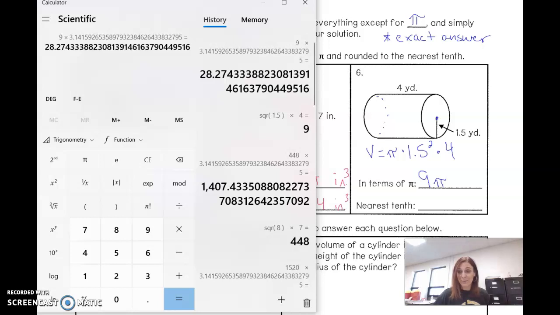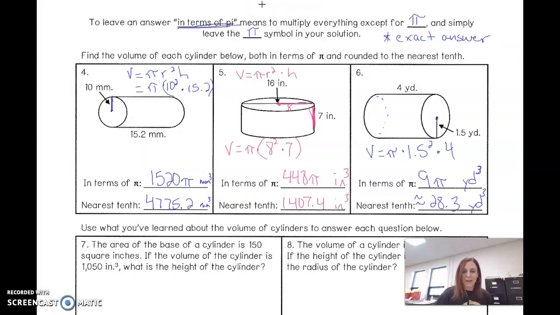It's okay because it's saying nearest tenth here, but this will be 28.2 is in the tenth spot. I look at the 7. The 7 tells us to round it to a 3. So 28.3 cubic yards. Okay, so be careful with directions in case it asks you to give an exact answer or write it in terms of pi. Okay, let's just do a few more examples then quickly.